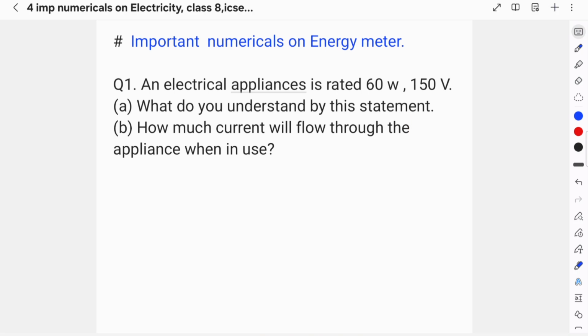So let's solve part A. It says the appliance is rated 60 watt and 150 volt. So this is the power rating of the appliance.